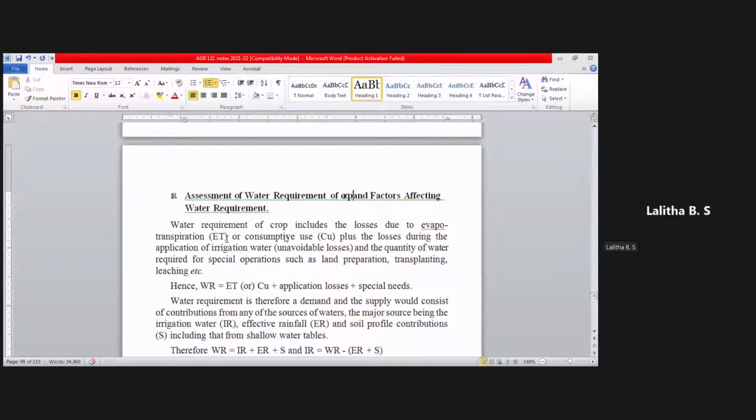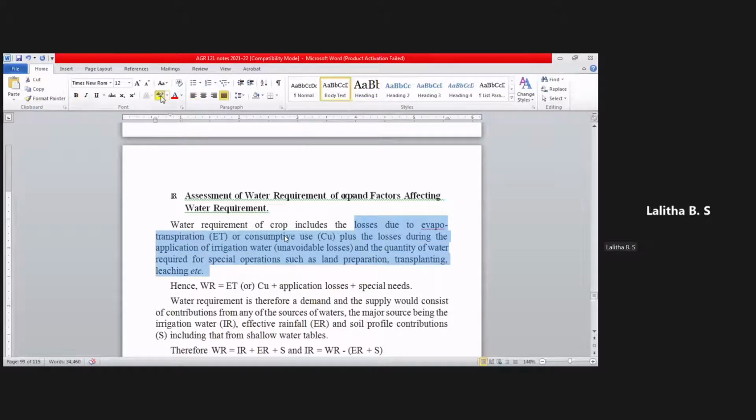See here, the water requirement of a crop includes the losses of evapotranspiration or consumptive use, plus losses during the application of irrigation water.